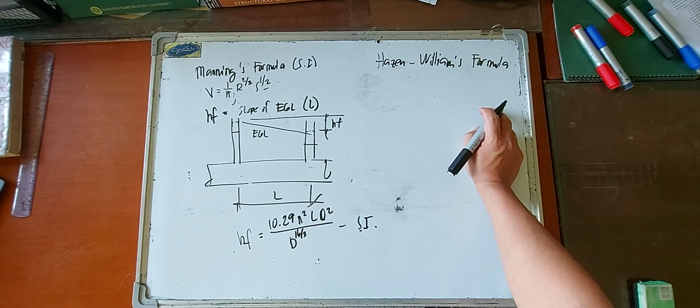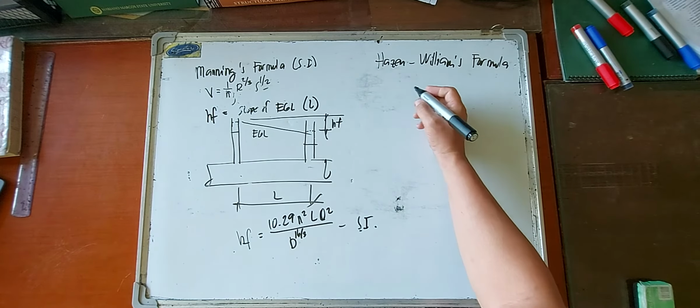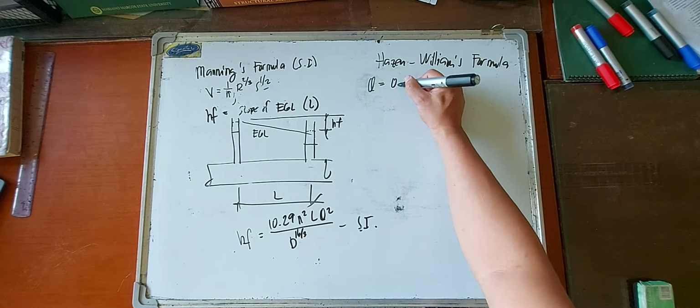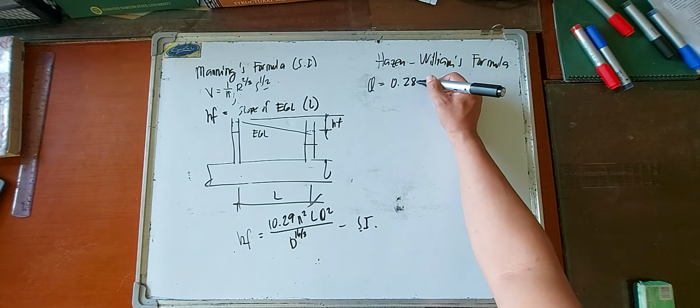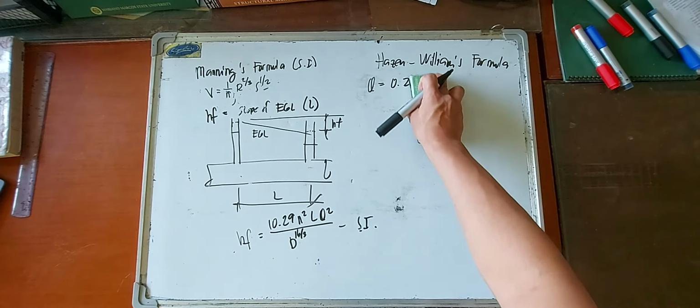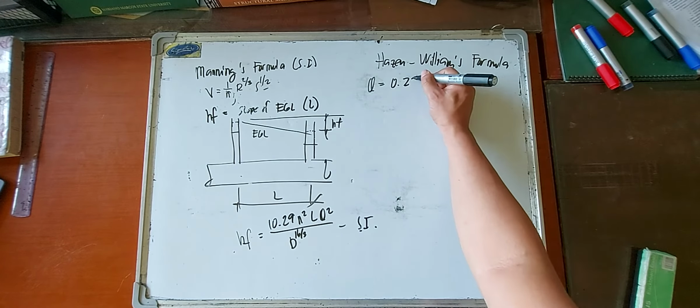Hazen-Williams formula. Okay. So using the Hazen-Williams formula, the discharge is equal to, haba naman nito. I think I have missed writing the number 7.